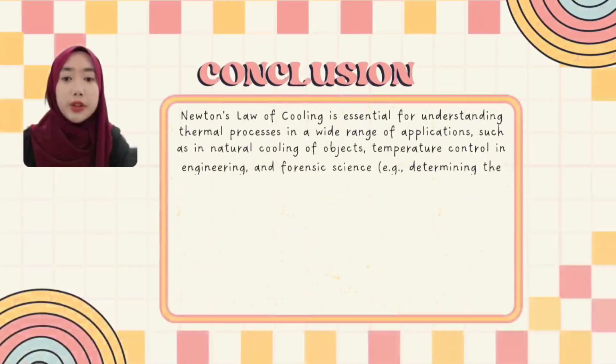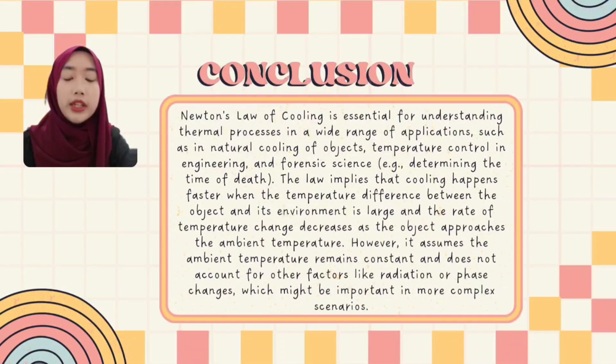It can be concluded that Newton's law of cooling is very important for understanding thermal processes in various applications, such as the natural cooling of objects, temperature control in engineering, and forensic science.